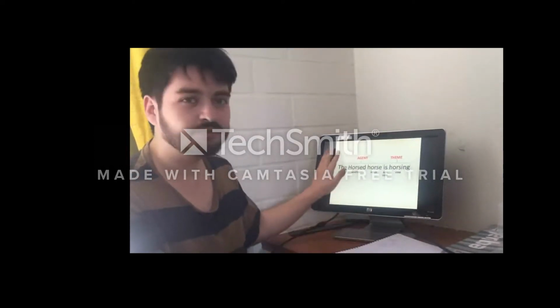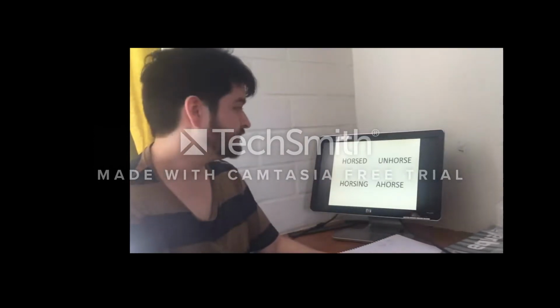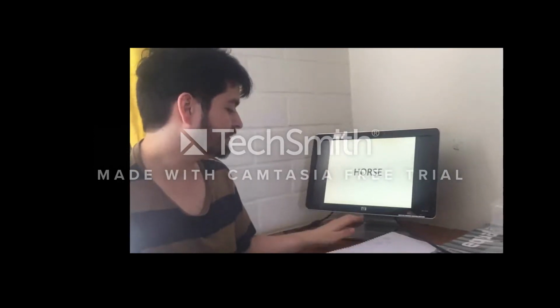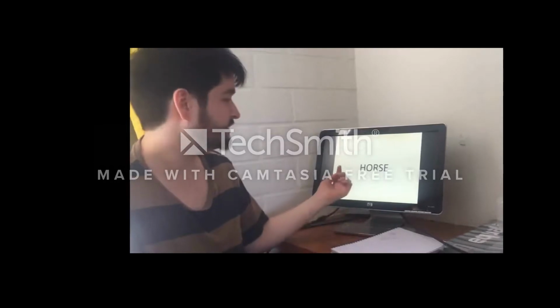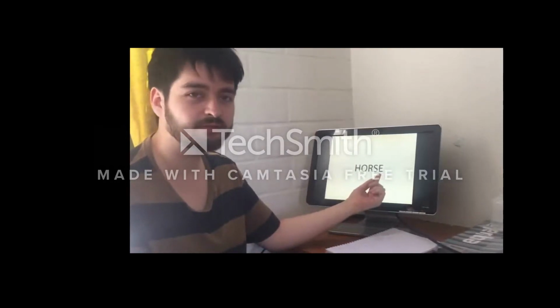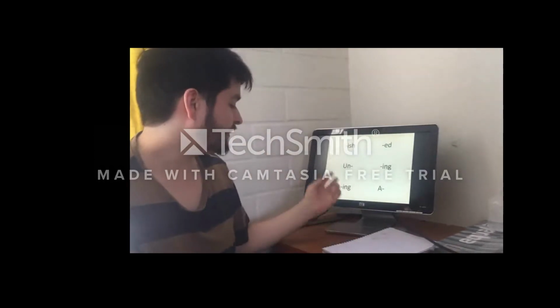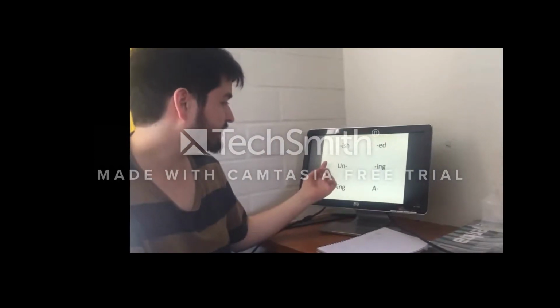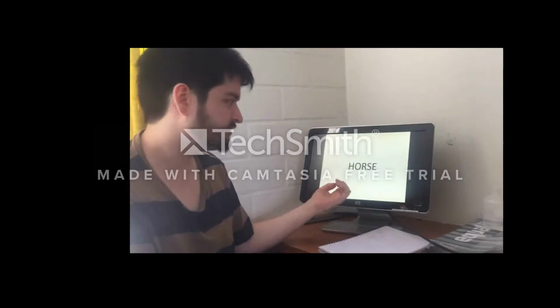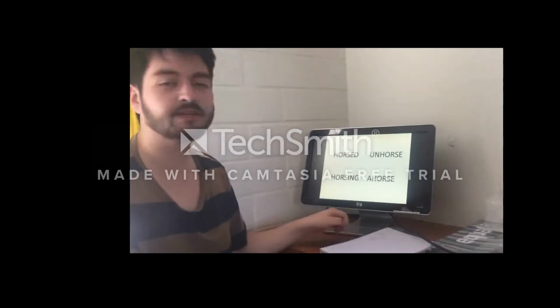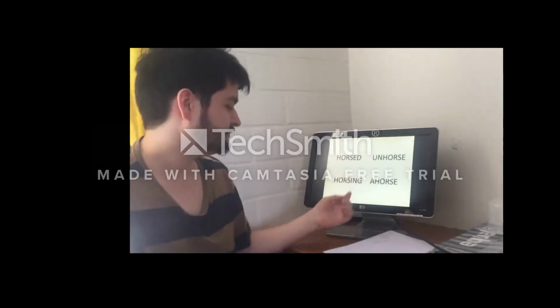What we try to implement in this activity was the concept of root, in this case horse as a root morpheme, and the use of affixes added to the root, which is horse. This way we can create other words.